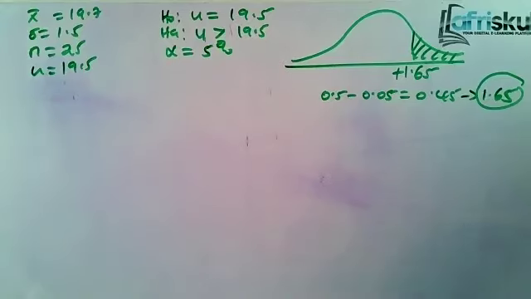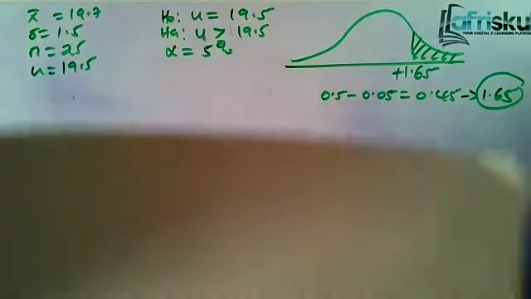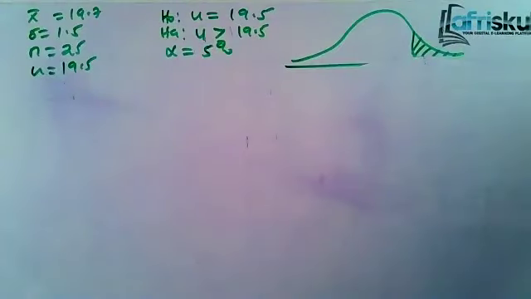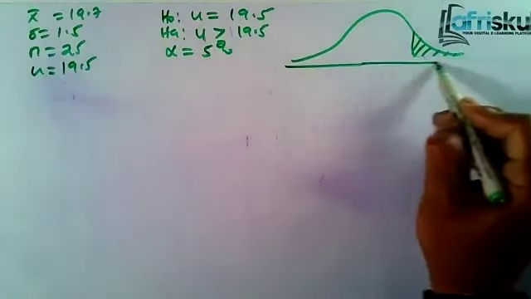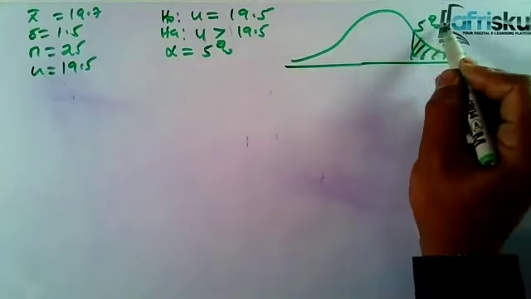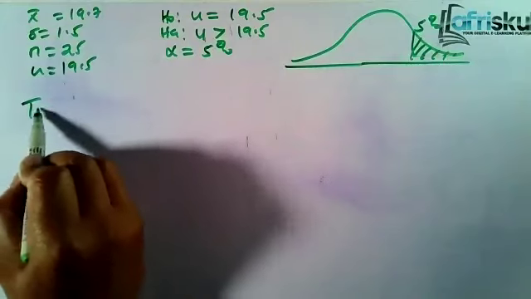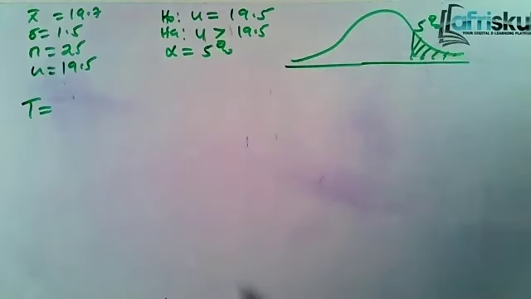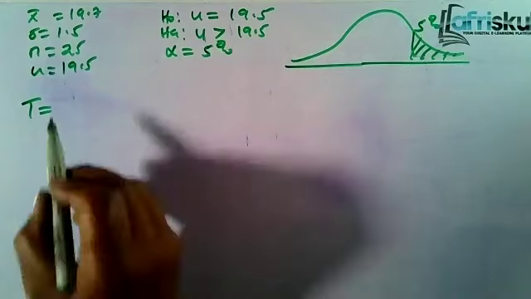Tulisema, since n is less than 30, we will not be using the z. Tutatumia t. Namaanisha hivi, you see, hii tumeona ni 5%. So how do we get t? Tulisema, when the population size is less than 30, we don't use z test. Tutatumia t test. Na t, formula ni the same.